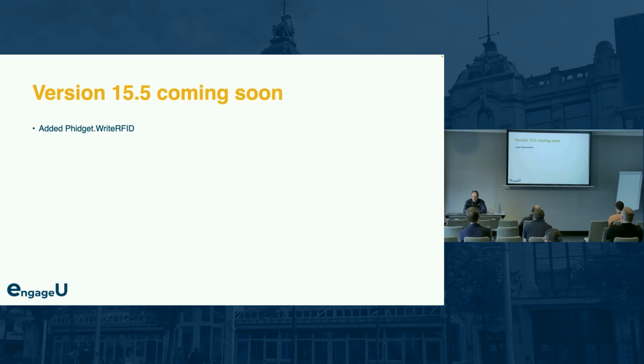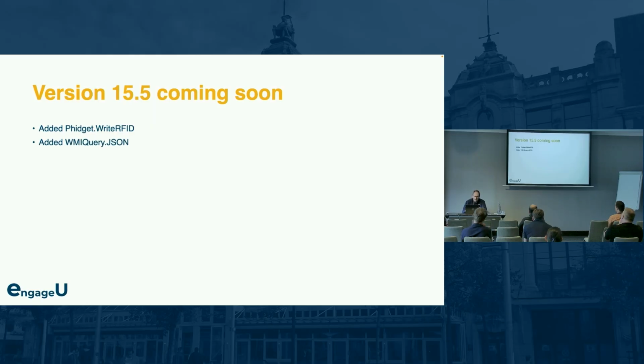We got a few new functions. For example, Phidgets got a function to write RFID tags. We had reading before and 20 other devices, but now the RFID reader can write.